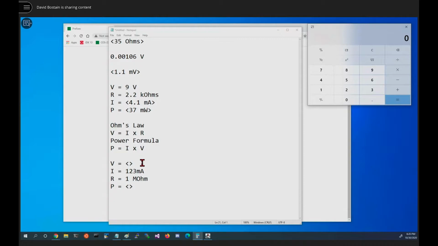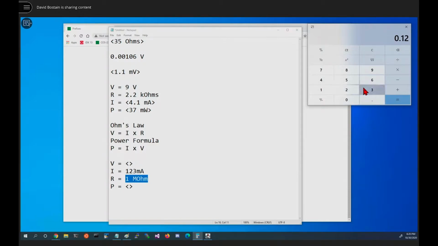Okay, so we're going to set V equal to I times R. This has to be expressed in amps. This has to be expressed in ohms. So put in I. Actually, it is millis. I have micros there.